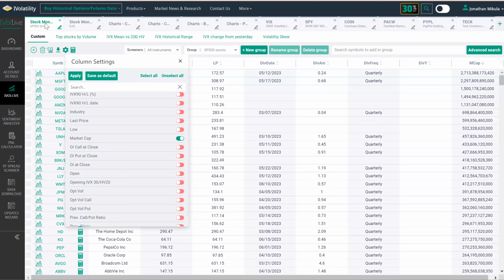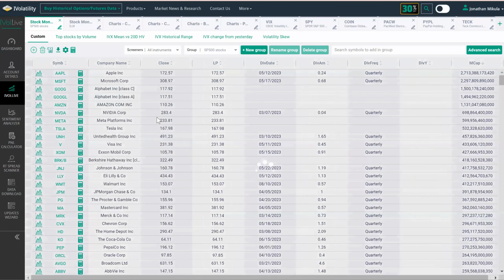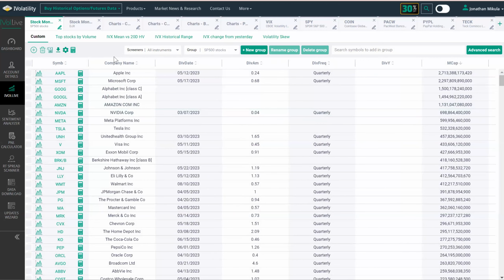I could hit apply and it will save it to this one tab, or I can do save as default. And what that'll do is anytime I pull up the stock monitor tab, those will be the fields that I see. So if I hit apply, check this out. This is a really, really cool screen because all it's showing me is dividend information within a certain group, which is S&P 500.